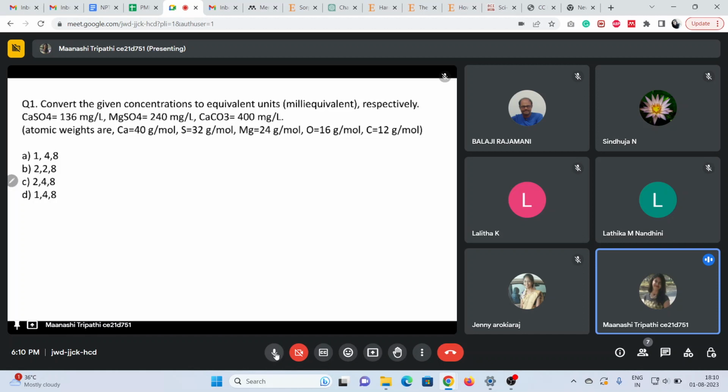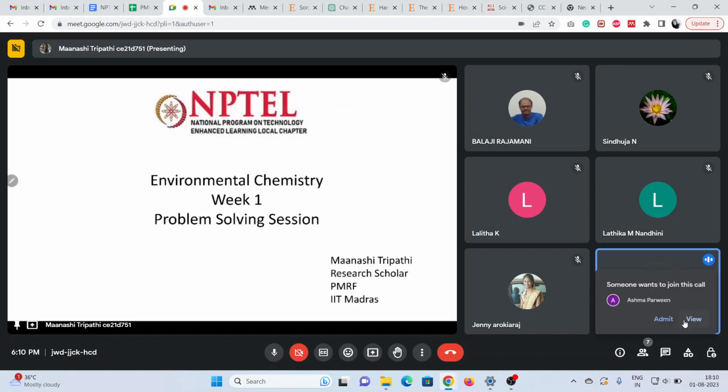The first week was mostly very basic. We were talking about what is equilibrium and what is kinetics. As we discussed in class, kinetics is how fast the reaction is happening, and equilibrium is how far the reaction has gone. These are the two basic things regarding kinetics as well as equilibrium.